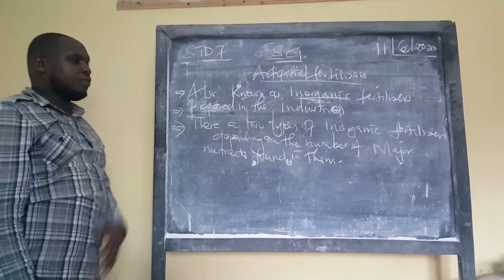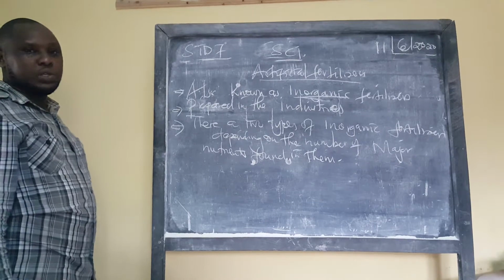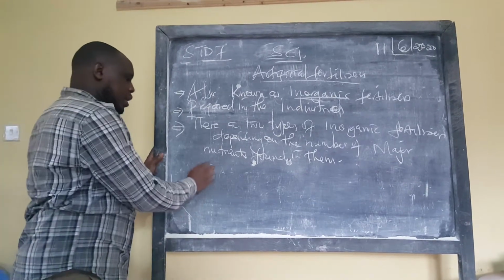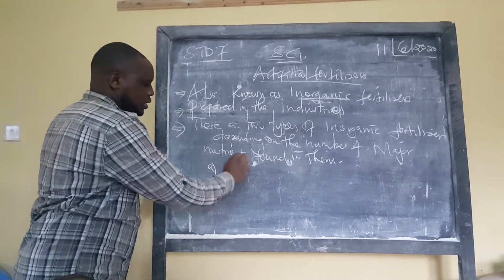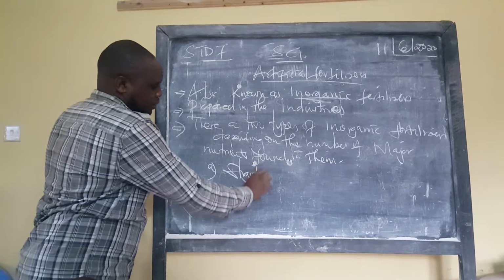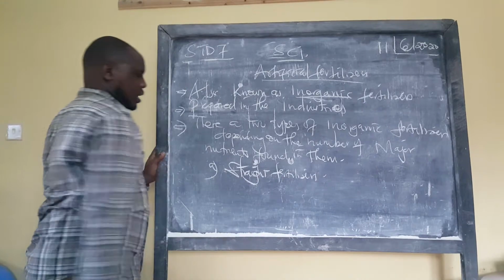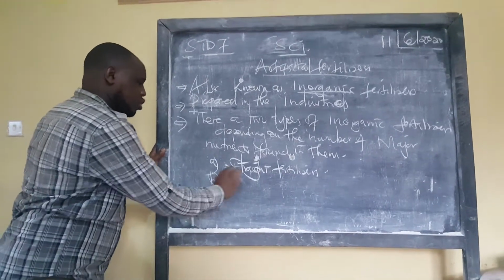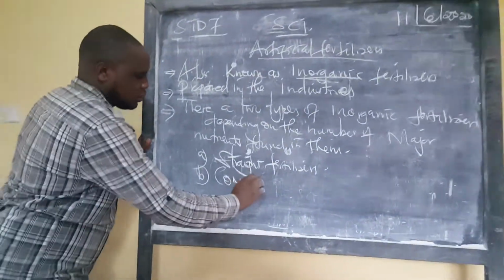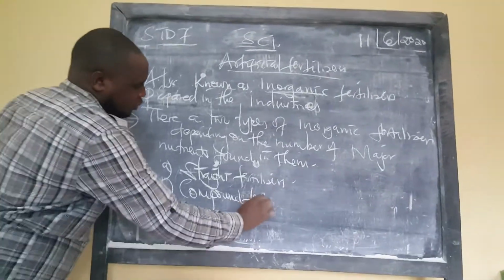So depending on the number of major nutrients, called macronutrients, found in them, we have two. Number one, we have what we call the straight fertilizers. And then we have B, compound fertilizers.